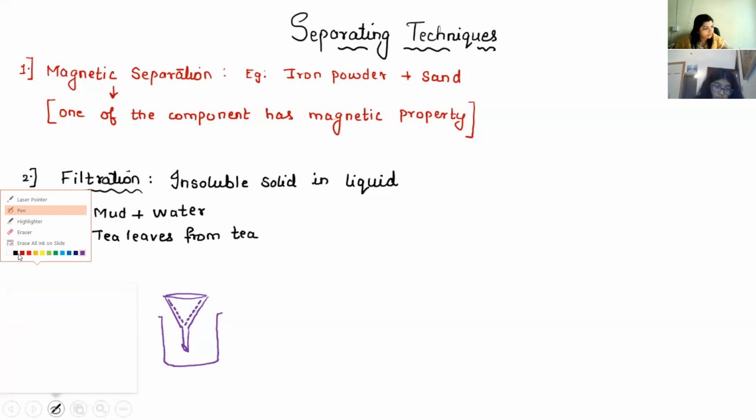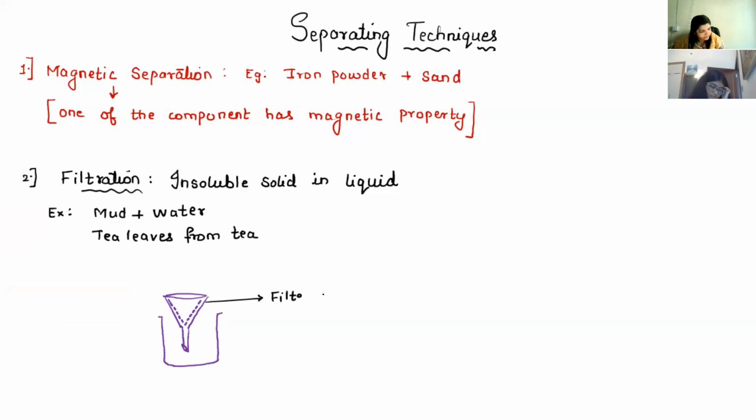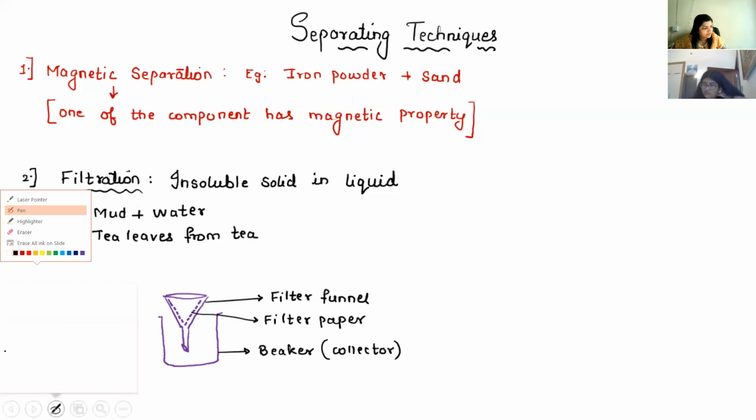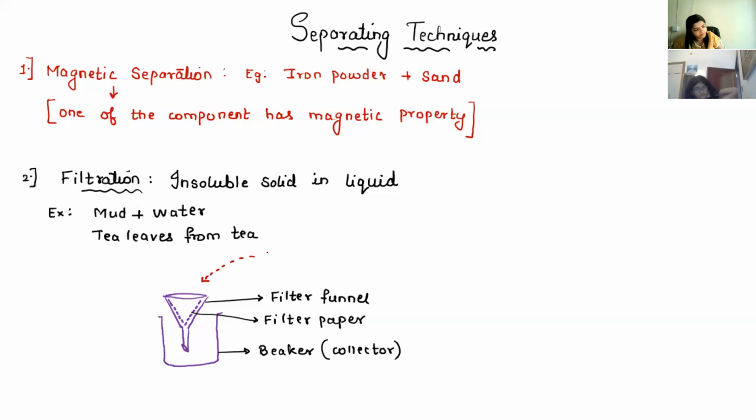The outside one is the filter funnel. The dotted line represents filter paper. This is the beaker, or we can also call it the collector. Now let's say a mixture of sand plus water is being poured in this.